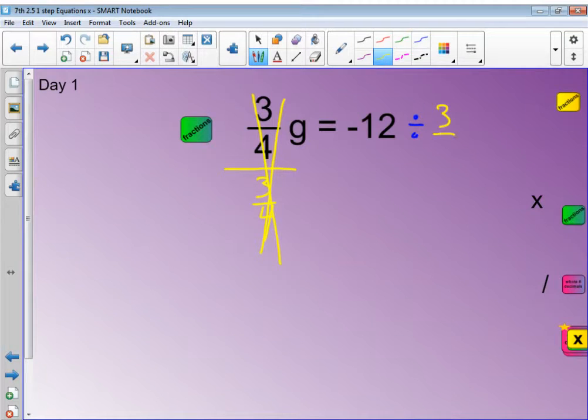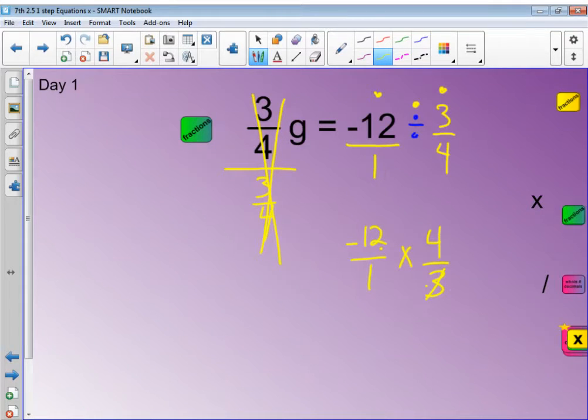by 3/4. Okay, so we'll change this to over 1. And we're going to keep -12/1. We're going to change to multiplying, and we're going to flip. So it's now 4/3. Okay, so we're going to see if we can cross cancel. So here I can see between 12 and 3 that 3 would go into each of those.